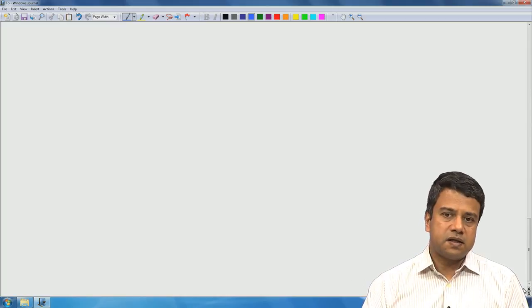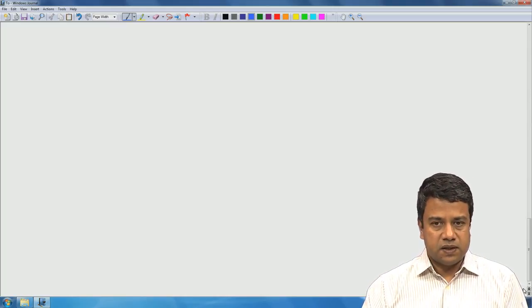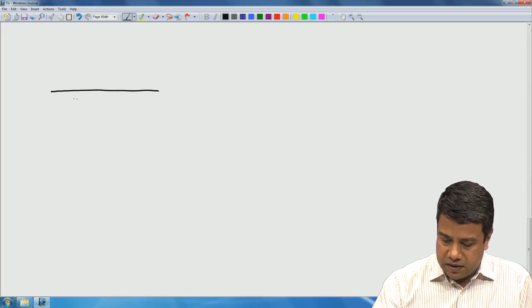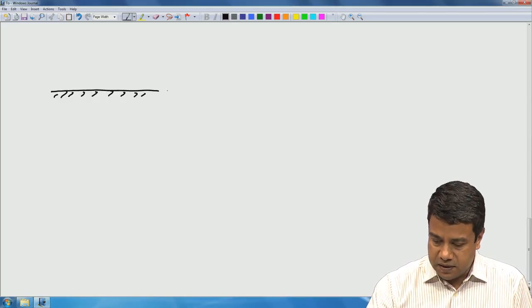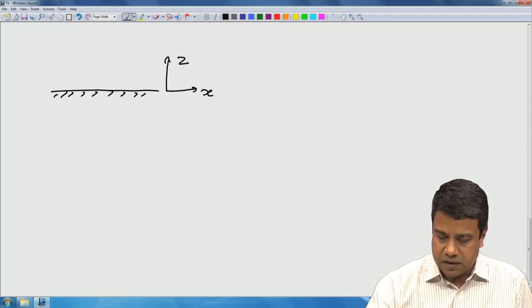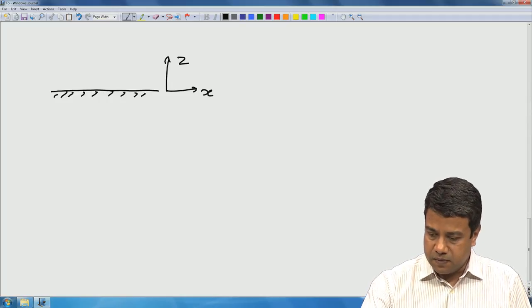There is an exact analogy for momentum transfer as well. In that case, what you would consider is a surface in a fluid. So, let us take this as the x direction, this as the z direction. Consider the fluid to be stationary.